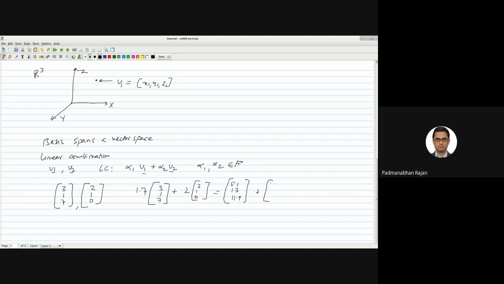Plus 4, 2, 0. So I'll get some answer: 9.1, 3.7, and 11.9. So this is the linear combination of these two vectors, where I've used the two values, 1.7 and 2, as alpha 1 and alpha 2. And because of the closure property, this also belongs to R3.